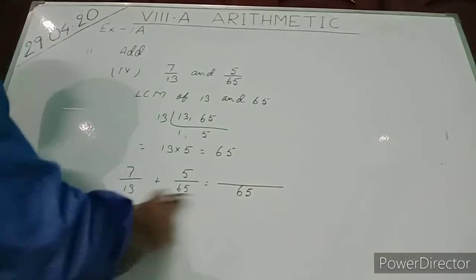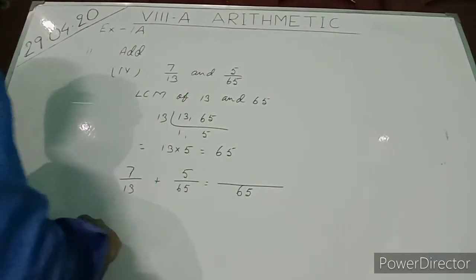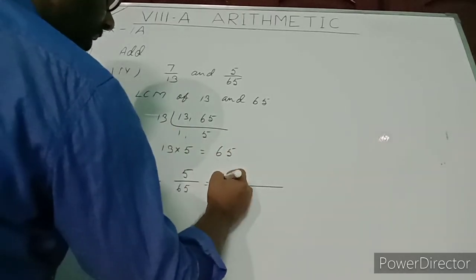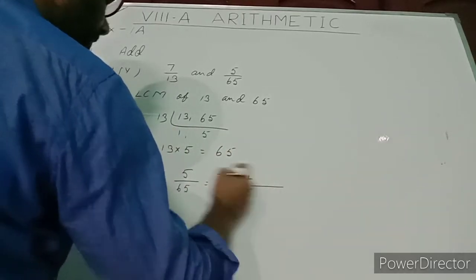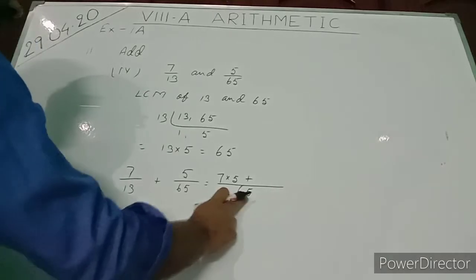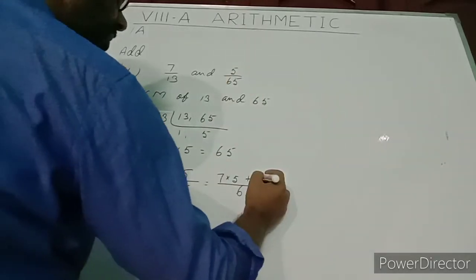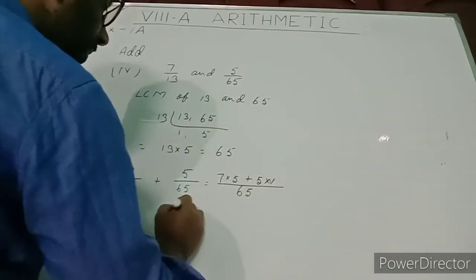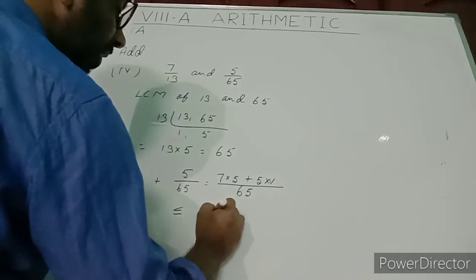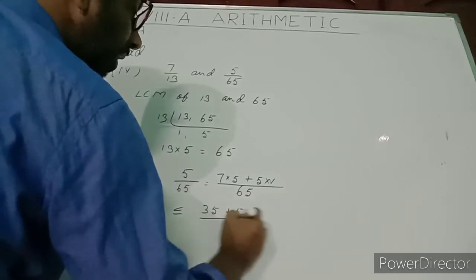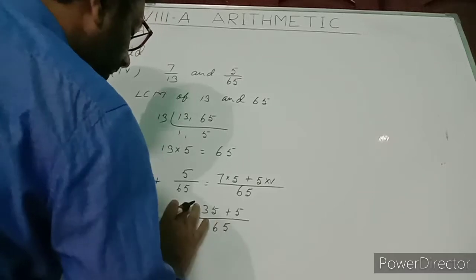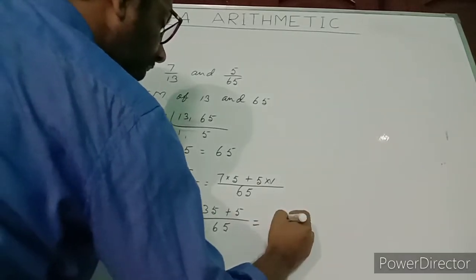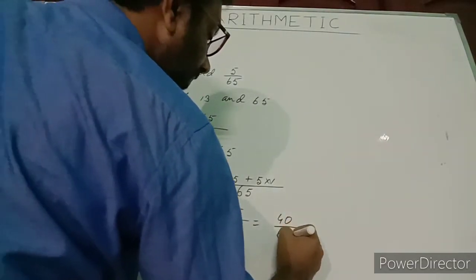We divide this LCM by this denominator. We got quotient 5. 5 into 7, 7 into 5. This plus came here. 65, 1 is 65, so 5 into 1. And in this way we got 7 5s are 35 plus 5 by 65. So your fraction became 40 by 65.